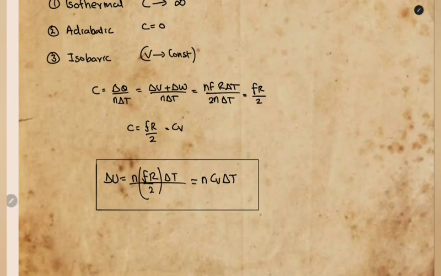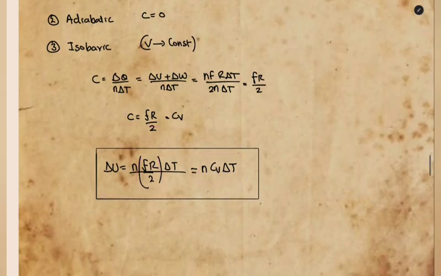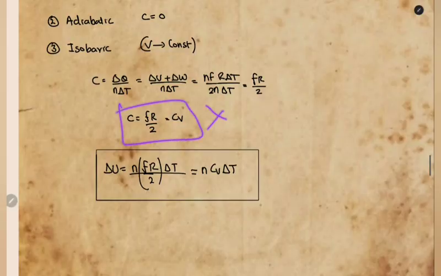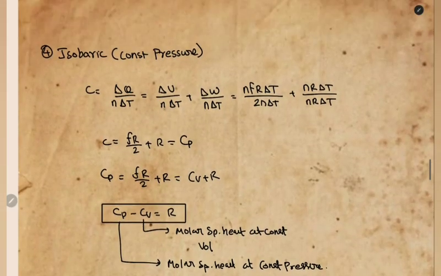So delta U is equal to N FR by 2 delta T, which I can write as N Cv delta T. These are both the same formula, just modified. This is important, just remember this, and it is also convertible. I hope you can convert in seconds.